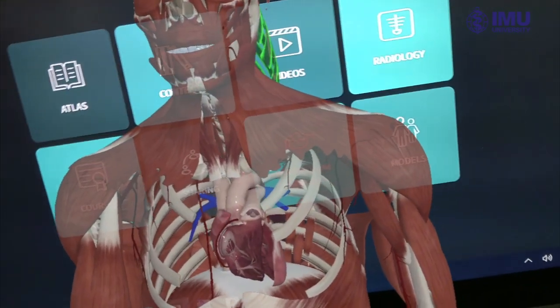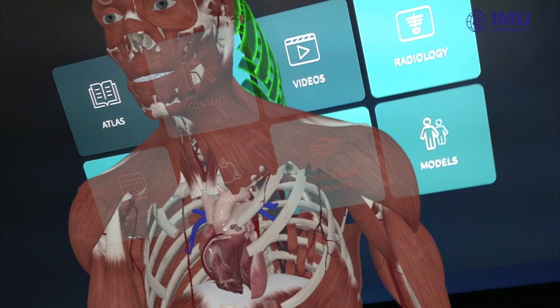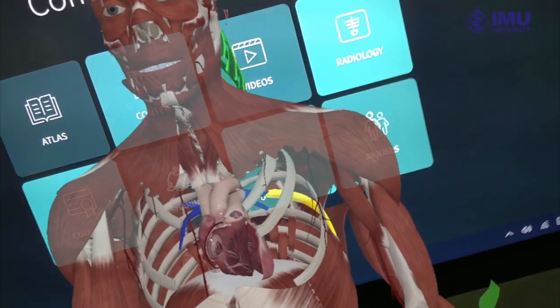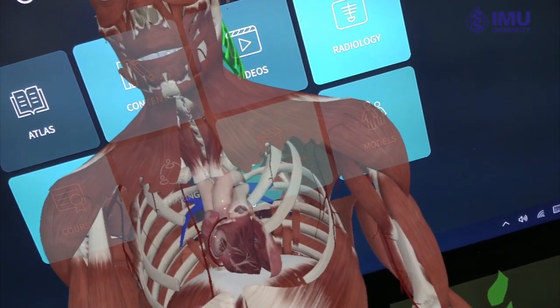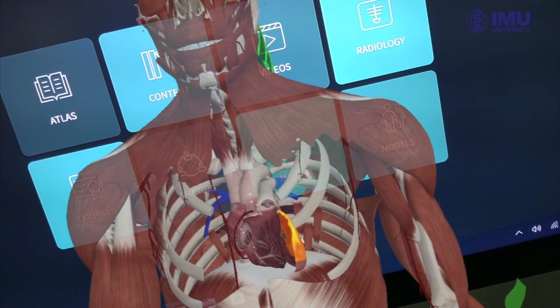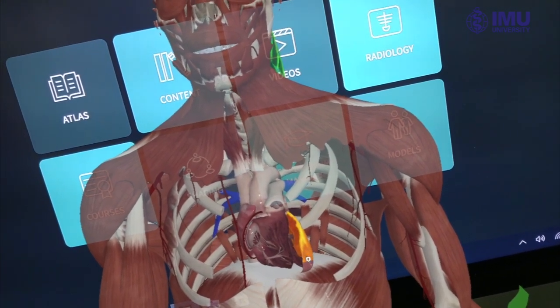You can see I have removed the interventricular septum, and in this aspect the right and left parts of the ventricle are somewhat clearly seen. So this is the left ventricular wall. We can see the thickness of the left ventricular wall also.